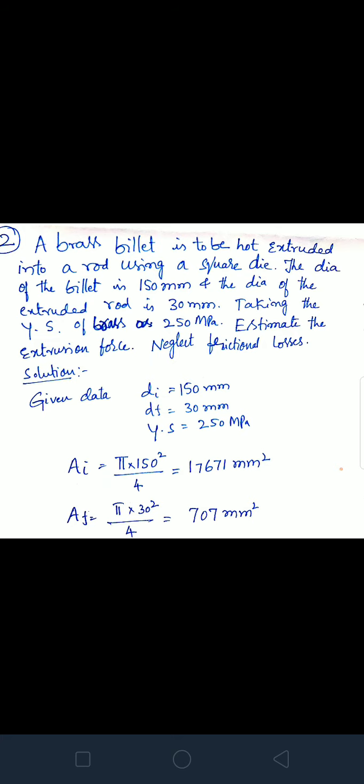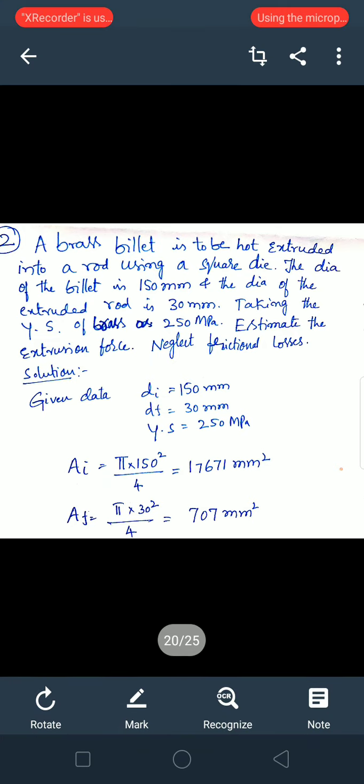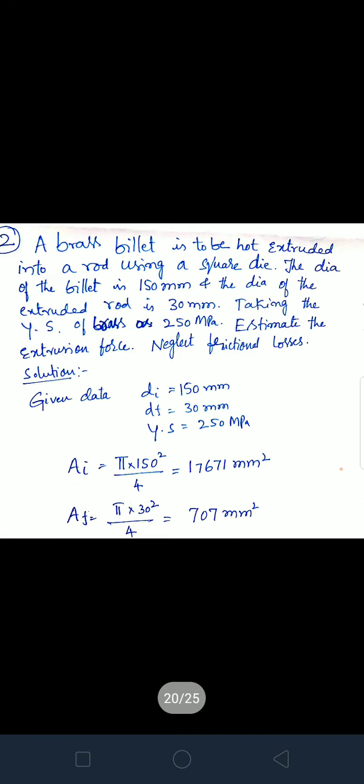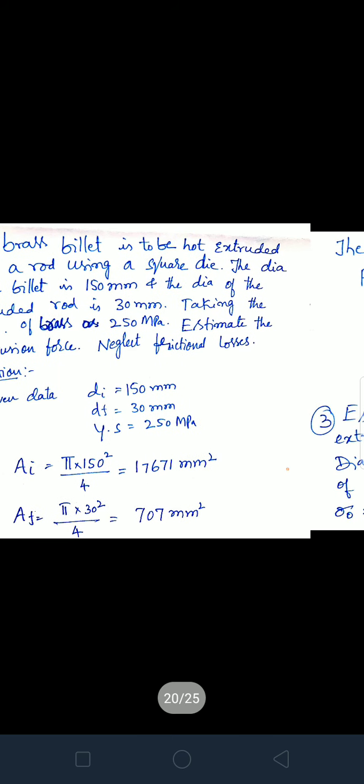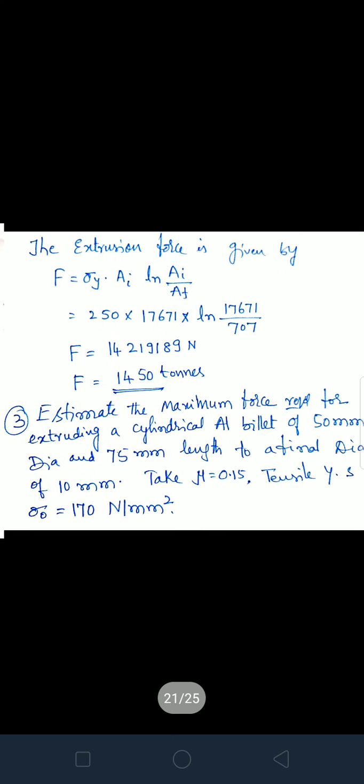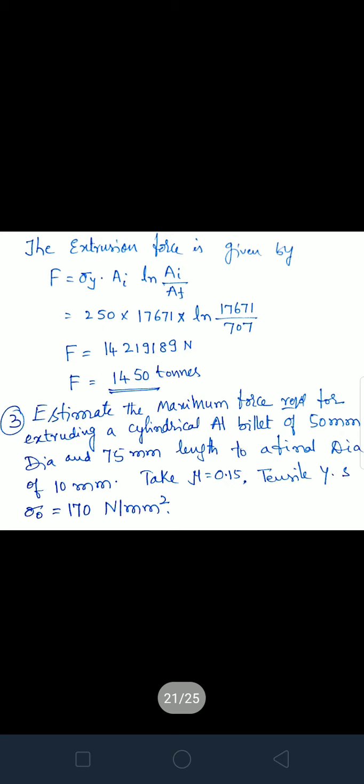Therefore the initial area is pi d square by 4, pi into 150 square by 4, that is 17,671 square, and the final area pi d square by 4 is equal to pi into 30 square by 4, that is 707 square.